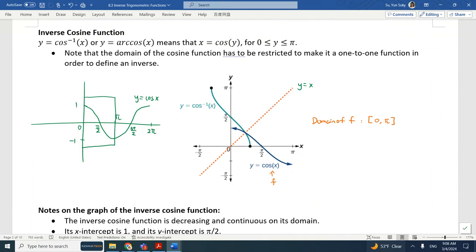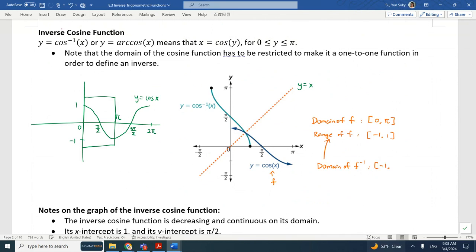Domain is 0 to pi. And the range, what's the range? The y values are from where to where? Negative 1 to 1. So therefore, the domain of the inverse corresponds to the range of the function f.